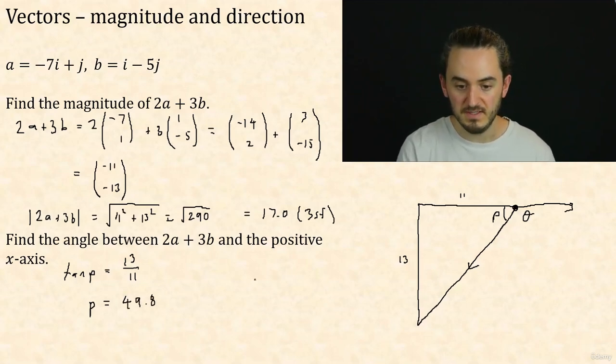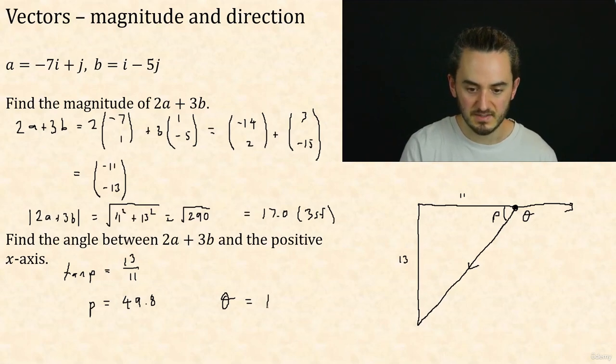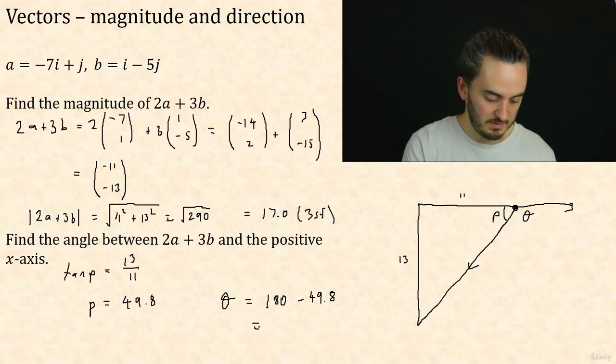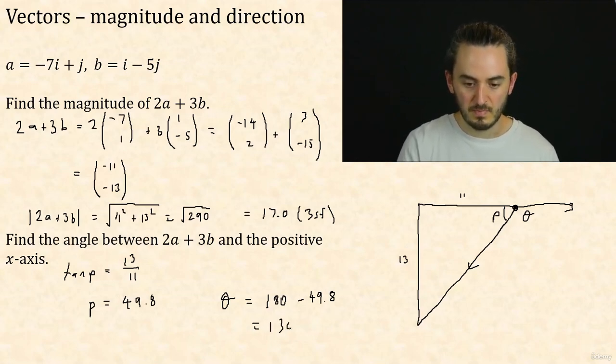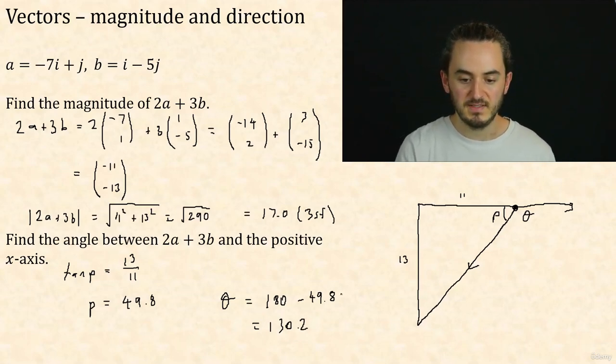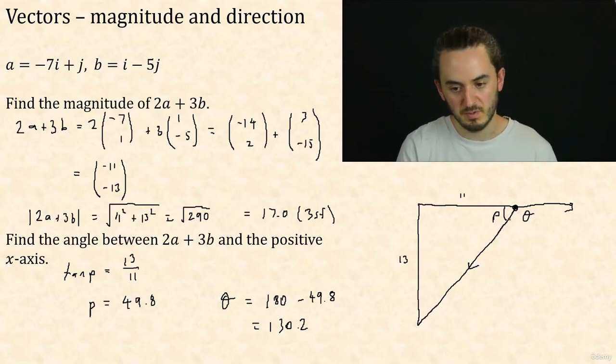And that means that theta, the answer to our question, is 180 minus that. 180 minus 49.8, because it's all on a straight line. So 180 minus my answer is 130.2. So there's our answer. We found the angle between our vector and the positive x-axis. If it said between that and the negative x-axis, that's going this way, so that just would have been P, but the positive one means it's this angle here.